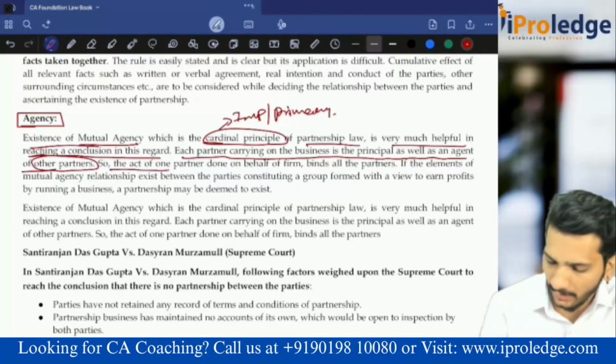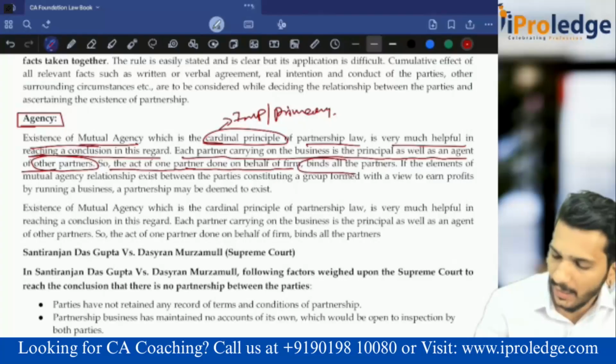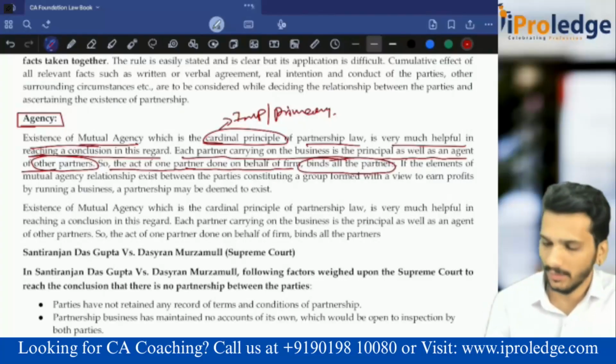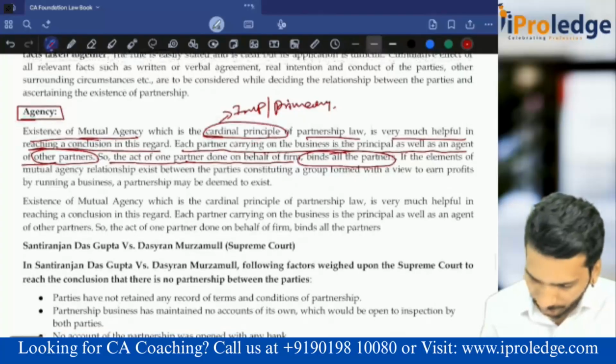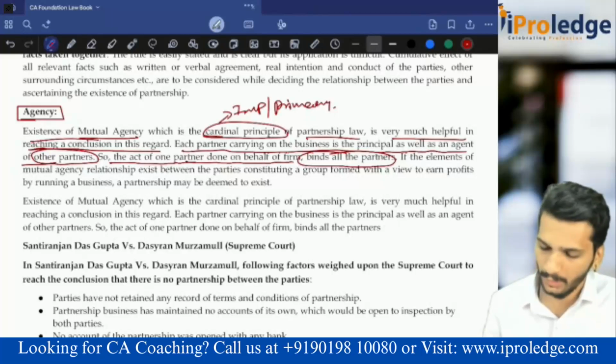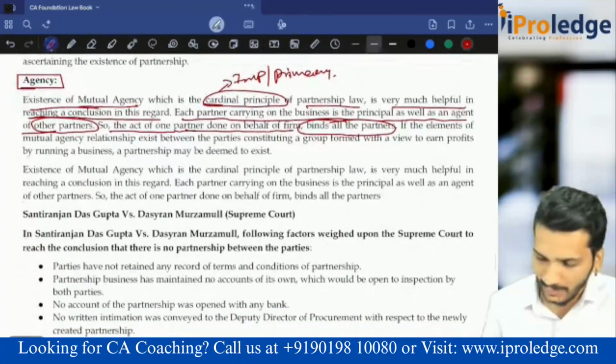Any activity done by one partner on behalf of the firm binds all the partners. But anything done outside the authority or with a view to defraud will not bind the partnership firm as well as the other partners.